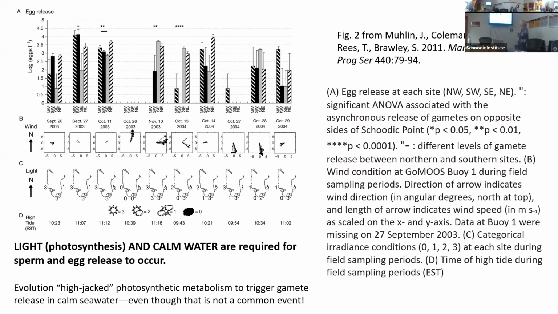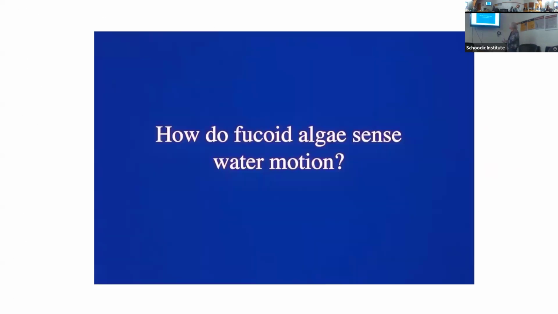So basically, natural selection has hijacked photosynthetic metabolism to trigger gamete release in calm seawater. And that is true, even though you can have 3 weeks in a row without a calm day, and then the next calm lit day, we'll get a massive release of gametes.